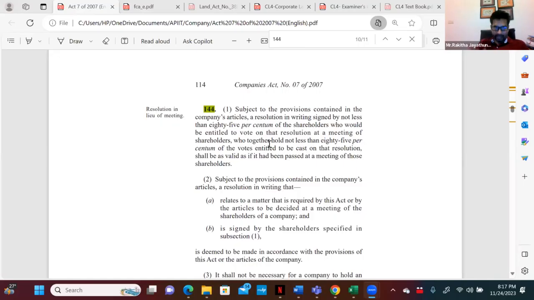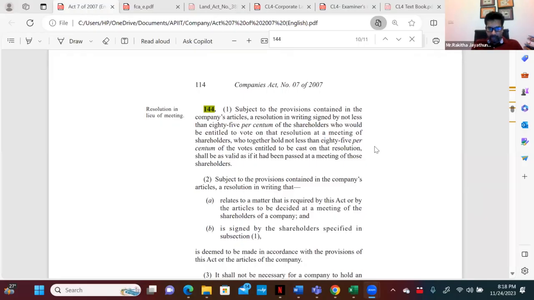Again, it has to be a voting shareholder, not a non-voting one, on that resolution at a meeting of shareholders who together hold not less than 85% of the vote. So write down the whole thing, whether you understand it or not. Right? So that is what you have to mention.